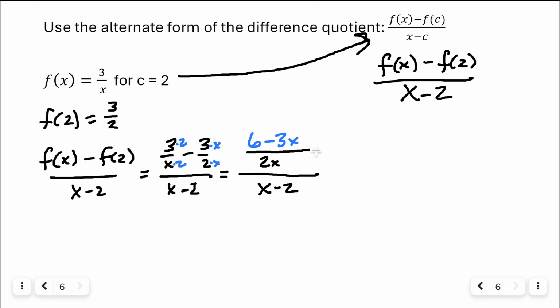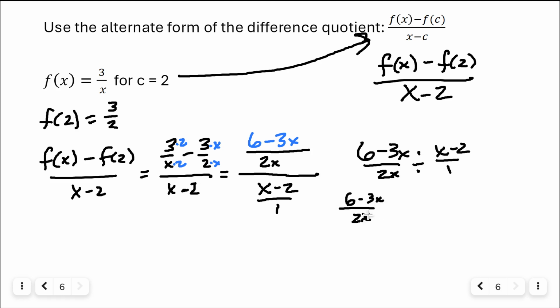Now I have one fraction on the top over one fraction on the bottom. I can put a 1 underneath there if I want. All right, so now I'm going to rewrite this in 5th grade style, x minus 2 over 1, so that I could keep the first one, change the second one to multiplication, and flip the other one over.